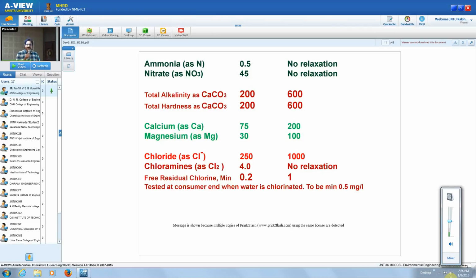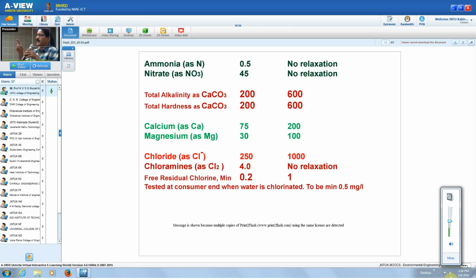Now here there is a very important, global question: what is the concentration of CO2 in the atmosphere? Every one of you must know. Every human being must know. Because the main problem of the entire world today is climate change. Climate change is caused by global warming.